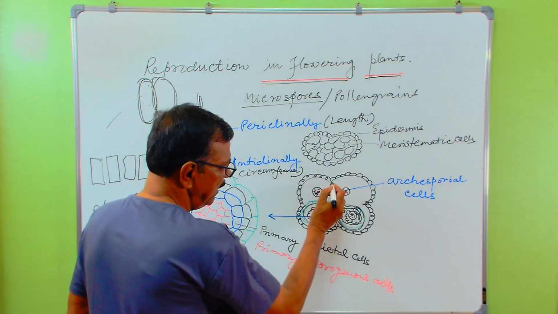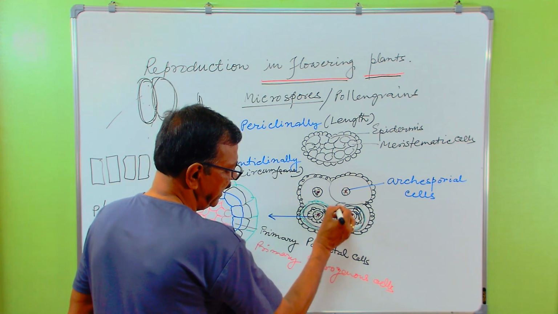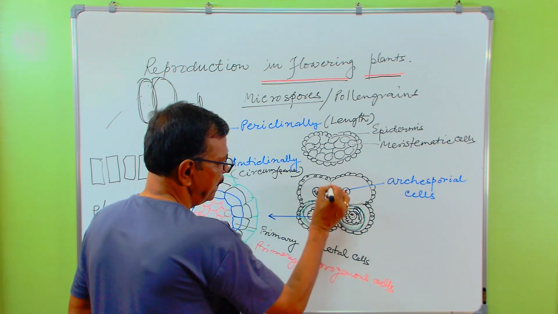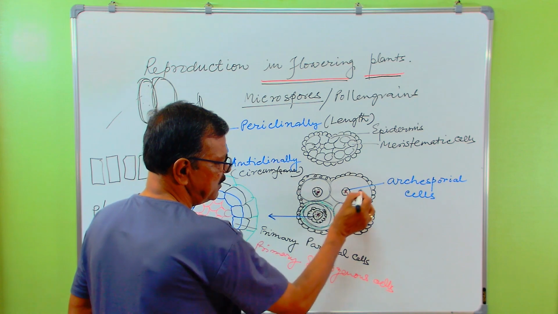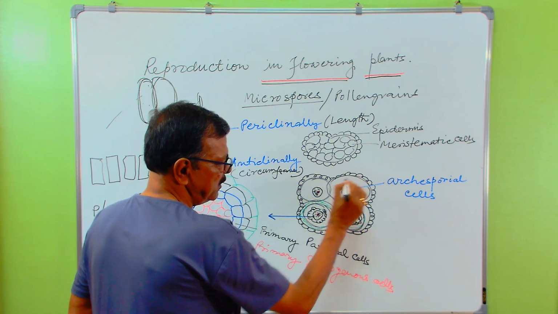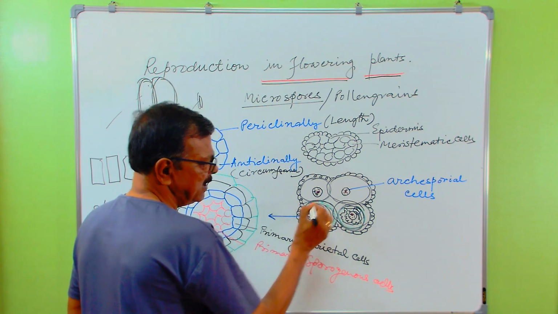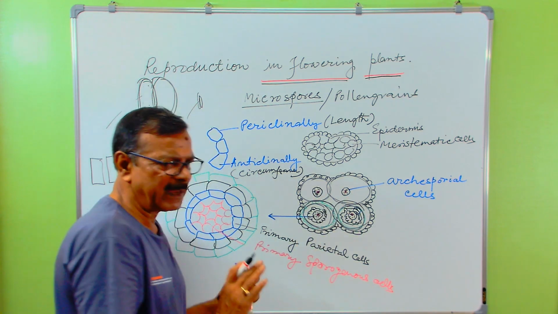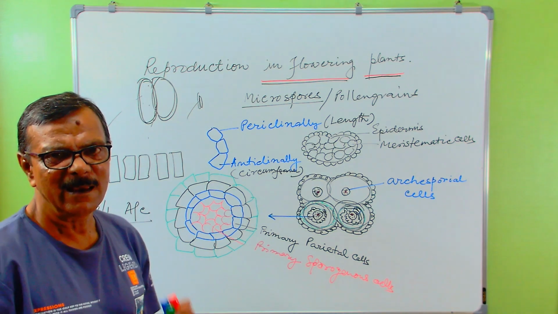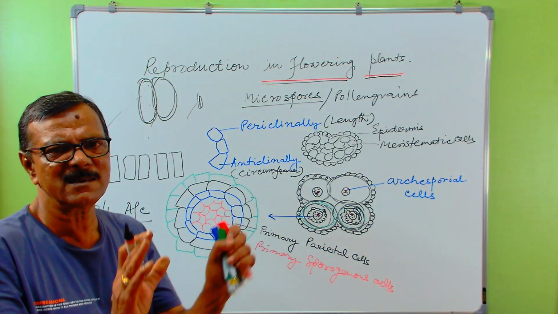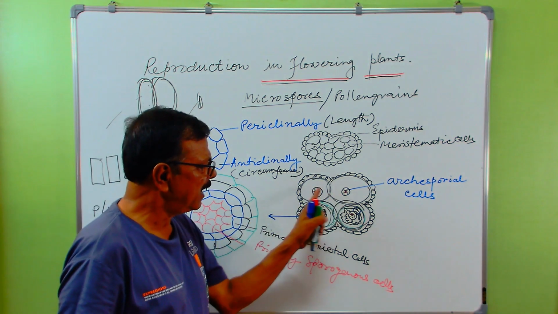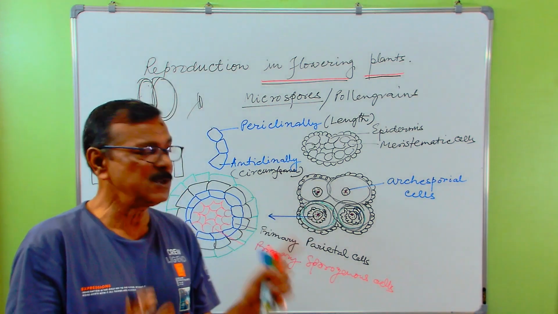Now these are called microsporangium. Collectively they are called microsporangia, which is plural. An individual is known as a microsporangium.